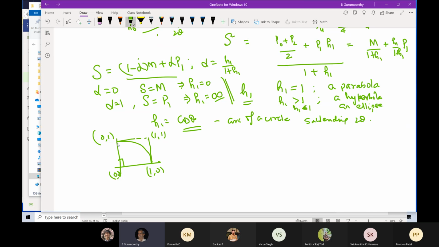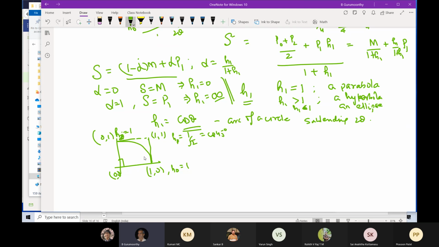Now if I use h0 equals 1, h1 equals 1 by root 2, which is nothing but cos of 45 degrees, and h2 equals 1, this says that for this set of h's also I will get an arc of a circle exactly.